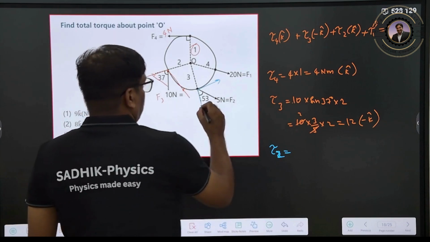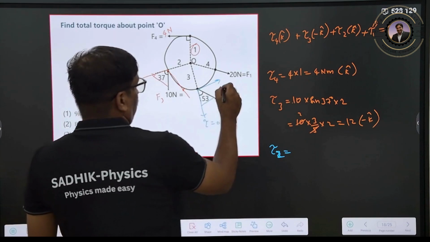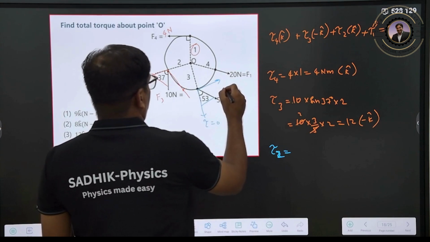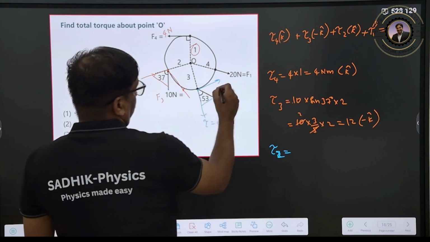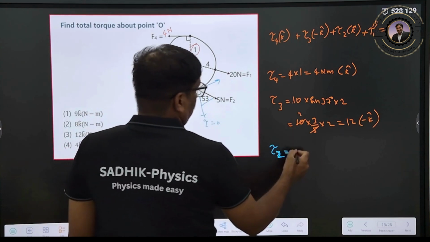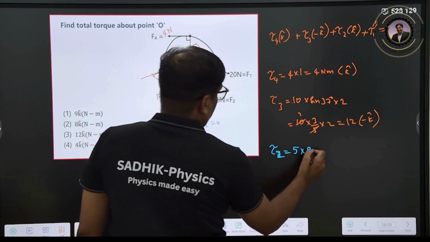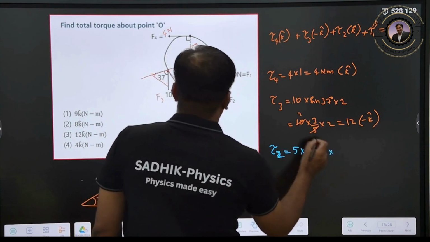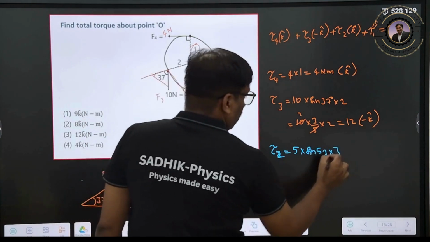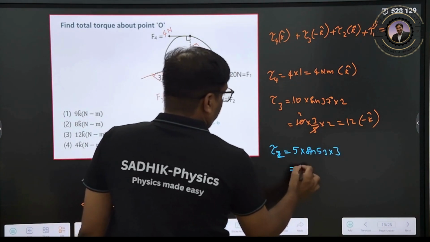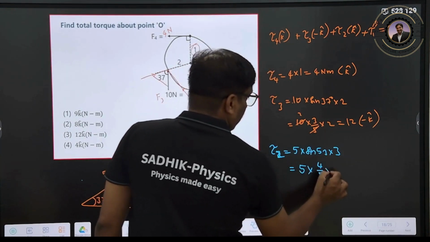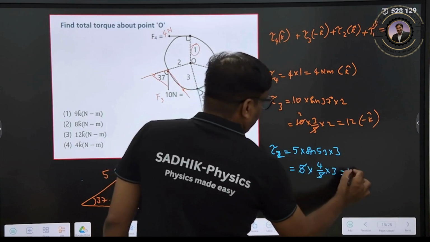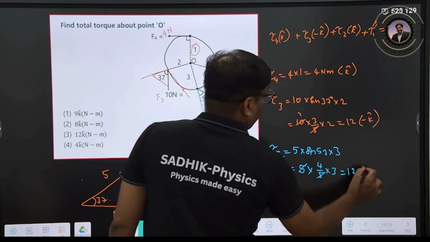This is your opposite side, therefore F2 sin theta. So 5 into sin 53 into perpendicular distance 3. 5 into sin 53 is 4 by 5. 4 by 5 into 3, the 5s get cancelled, therefore it is 12. So it is K cap.